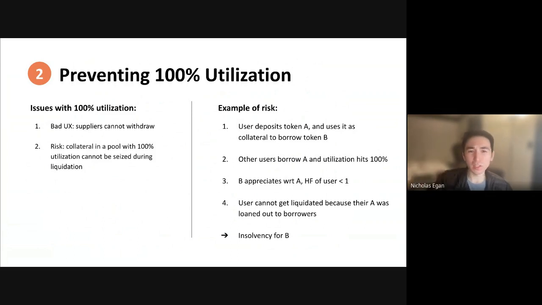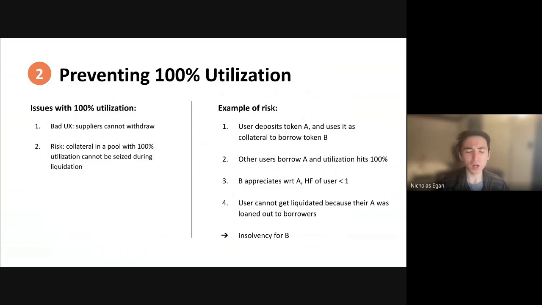So suppose that token B appreciates with respect to token A, either because B pumps or A dumps, or both happen at the same time, which makes the health factor of this user drop below 1. Now, as a result, this user, who initially deposited token A, cannot get liquidated because their A was loaned out to borrowers, which could lead to insolvency for token B.